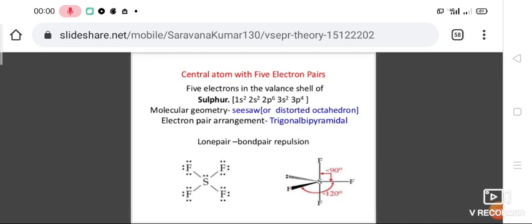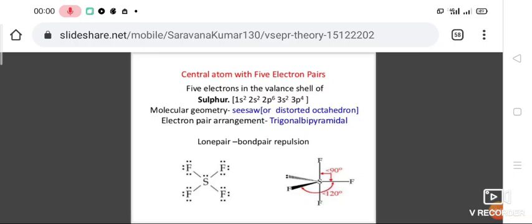The lone pair will repel the bond pair and distort the structure. The equatorial fluorine-sulfur-fluorine angle is 101.5 degrees and the equatorial to axial fluorine-sulfur-fluorine angle is 86.5 degrees.